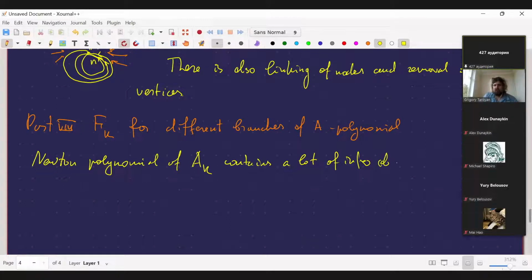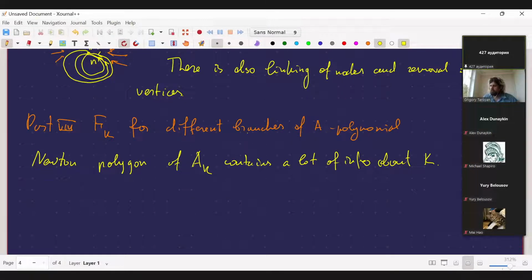In particular, it contains geometric information. Sorry, why did I write polynomial polygon? Of course. For example, slopes of this polygon contain information about boundary slopes of incompressible surfaces inside of a knot complement.